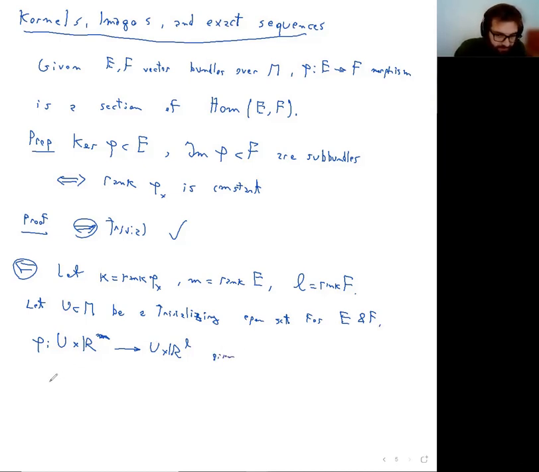This is going to be given by some expression: we take (x, a), where a is a vector in R^m, and this goes to (x, A(x)a), because this is a vector bundle morphism, where A is a map from U into the set of matrices of size l times m.